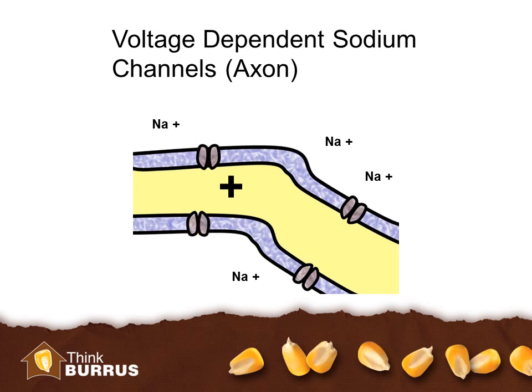And so the process continues again, and the signal wears down just like it did before. The weak signal causes gates to open again, sodium rushes in, the signal is boosted, and the impulse continues down the neuron just as it did before.